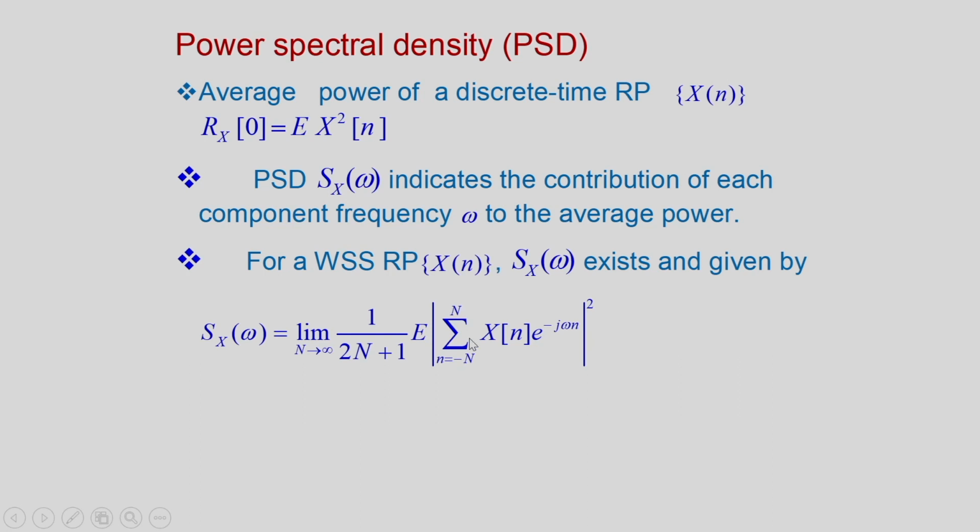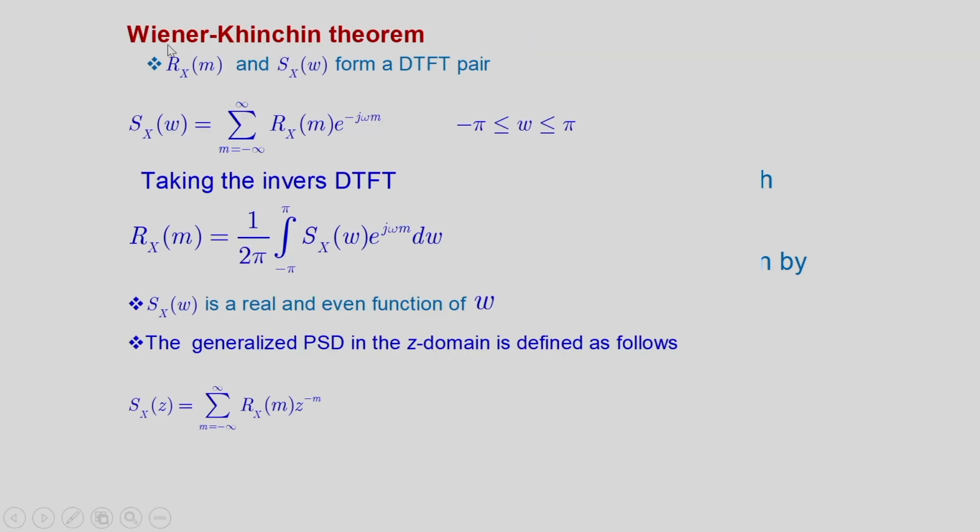So, we are considering a window from −N to +N, and we are taking the DTFT of the signal within this range. Now, for a WSS process, this quantity exists, though the Fourier transform does not exist. The expected value of this quantity divided by (2N+1), if we take the limit N tends to infinity, will be called the power spectral density. So, we have defined power spectral density.